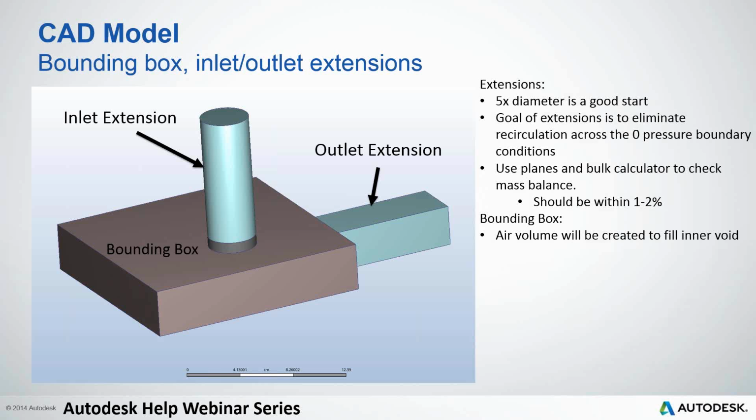And really what you have to do is check the mass balance going in and out, and if it's bad, then you have to add some length there. So the mass balance really should be within 1 or 2%. That's a rule of thumb. It depends on how many iterations you run for, what your convergence criteria is, things like that. But 1 to 2% makes me happy for the most part. So that's what I was going for.